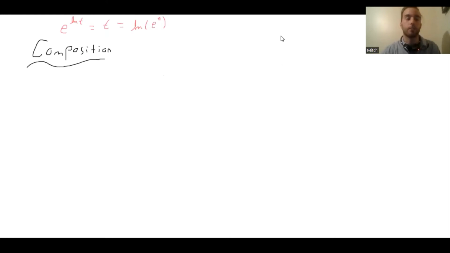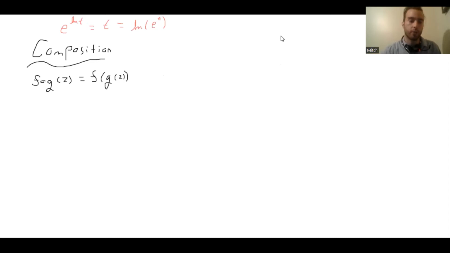So a composite function is when you have one function as an input of another. So here it's written f composed with g of, let's say, z. So that's going to equal f, where that input is the function g of z.